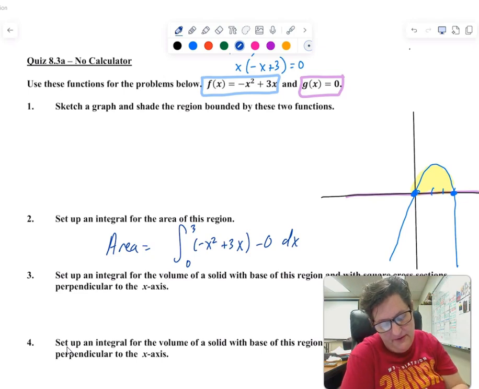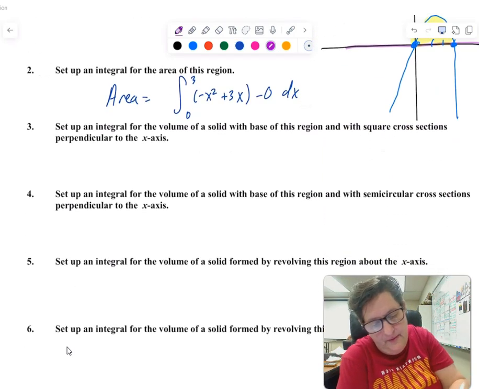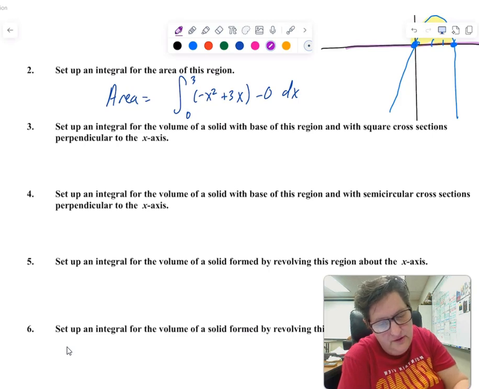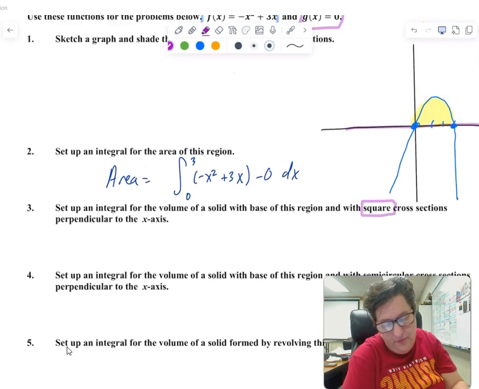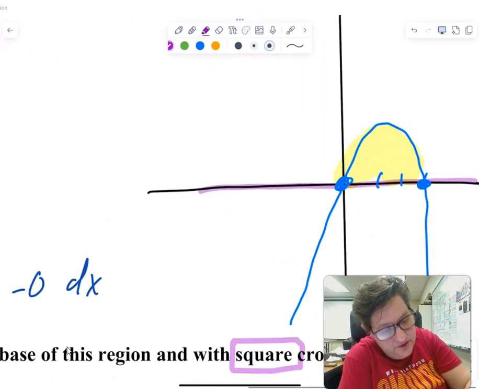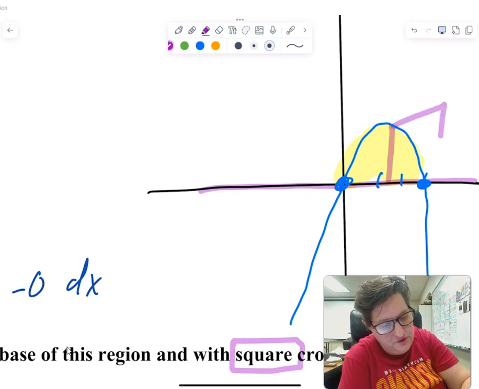Set up an integral for the volume of a solid with a base of this region and square cross sections. Square cross sections perpendicular to the x-axis, so it's going to be a dx. Picture this, and then we're making a square out of it.